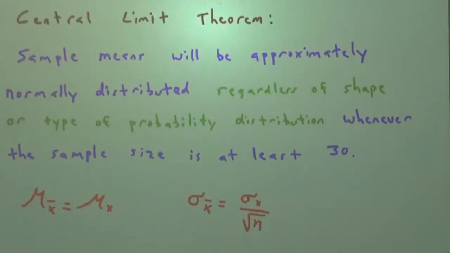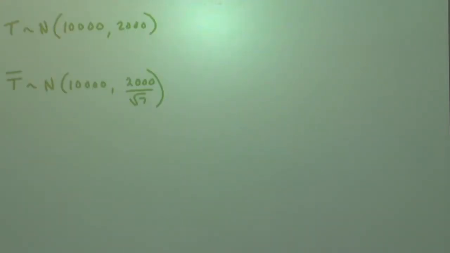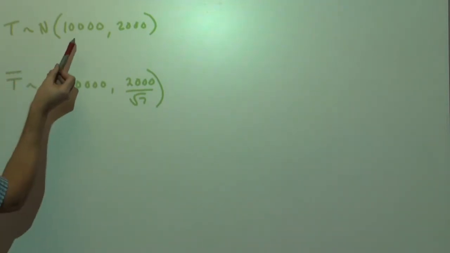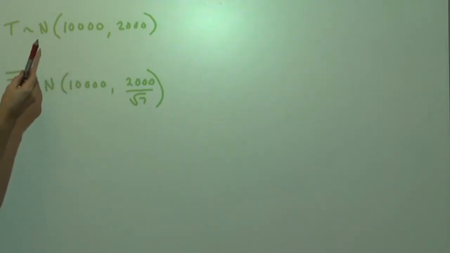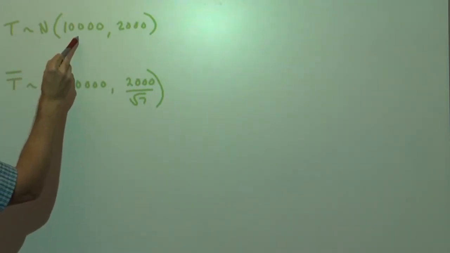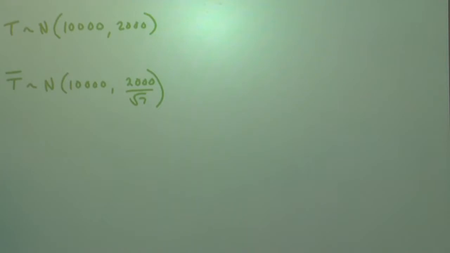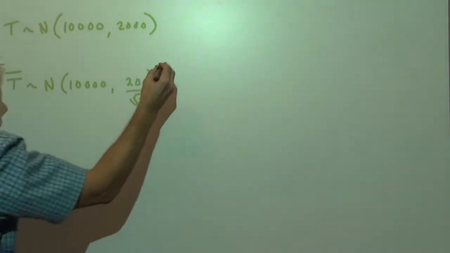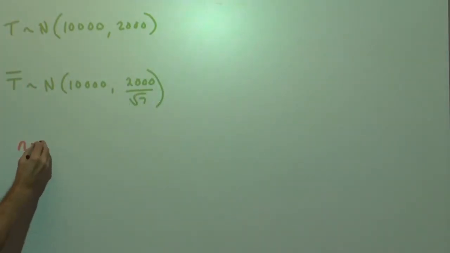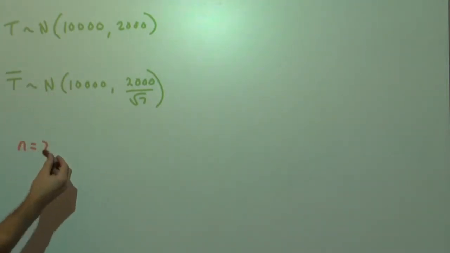Now, how about this? If you recall back in the tree problem that we were doing from the sampling distribution video, we looked at daily tree sale revenues for Christmas trees off a lot being normally distributed with this mean and this standard deviation. We could take small sample sizes, like a sample of size 7 only, and we knew that the means of those tree revenues would also be normally distributed.